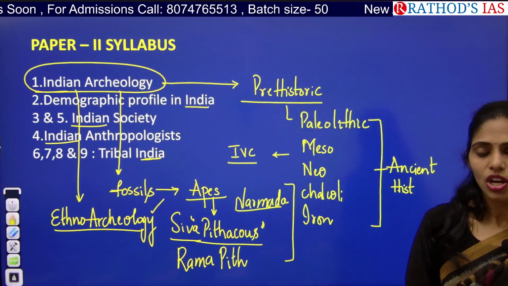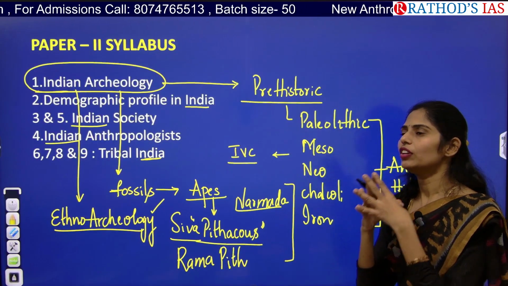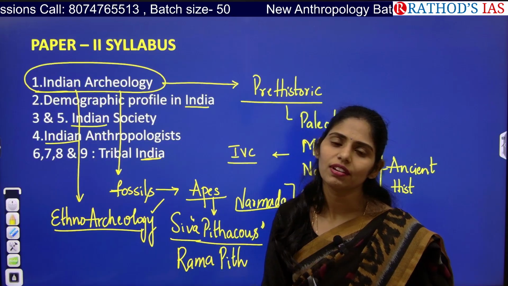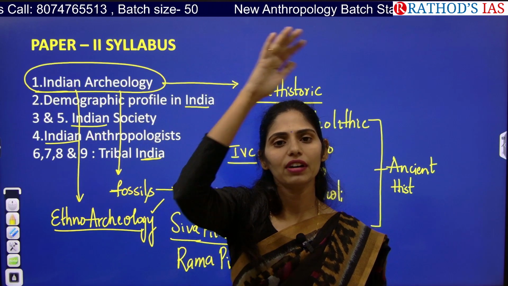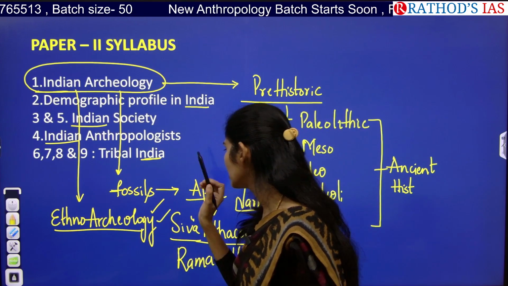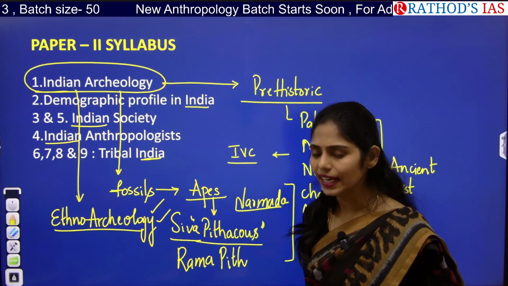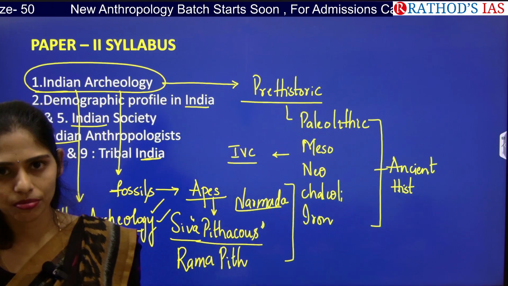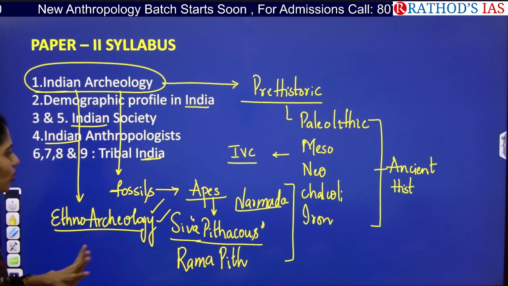For example, if you are studying a family which is using stone tools, then we will get some clues like how our earlier people used to use those stone tools. That is called ethnoarchaeology. We are studying the present societies to understand how the past might have behaved. That is called ethnoarchaeology.